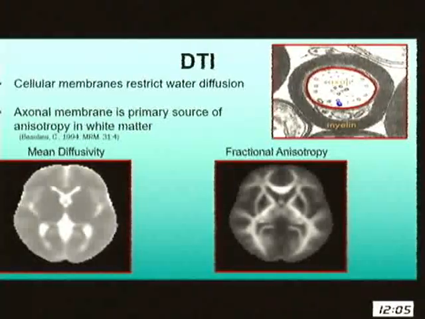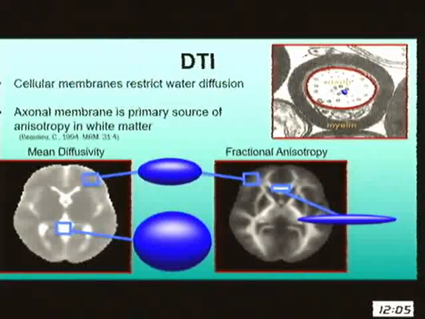So, like Shaker mentioned already, DTI is based on the diffusion of water, and we know that cellular membranes restrict water diffusion. The axonal membrane, of course, is the primary source of anisotropy in white matter. Two of the very common parameters that are measured in DTI are mean diffusivity and fractional anisotropy.